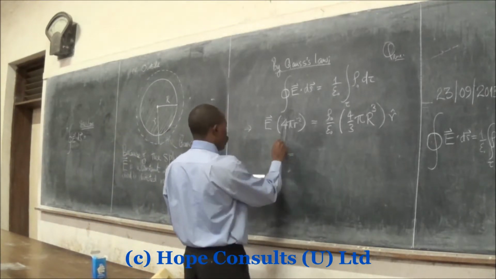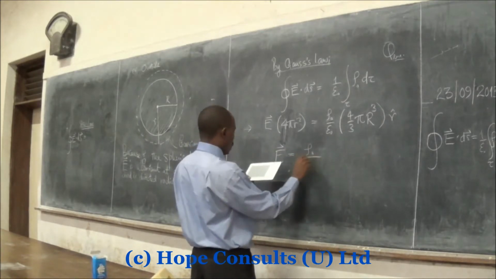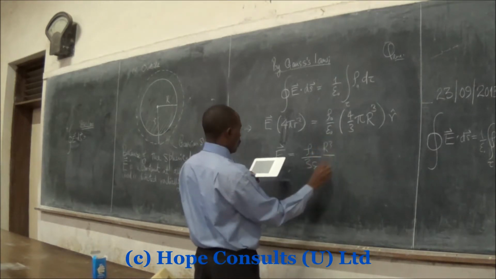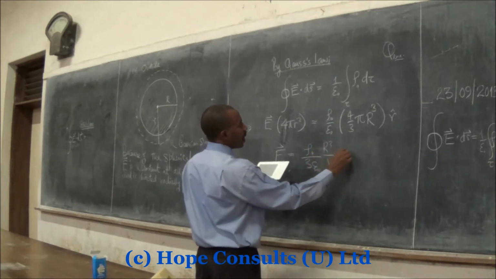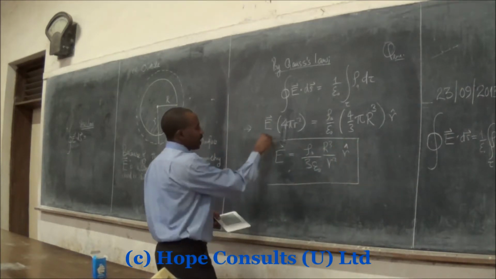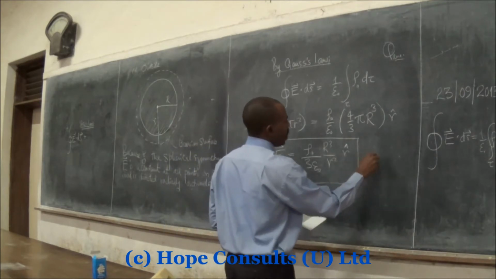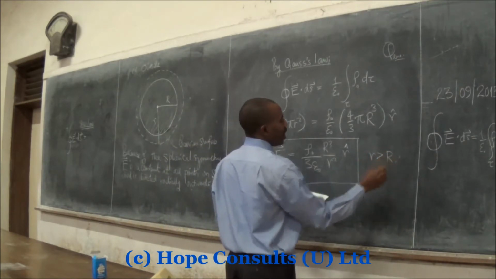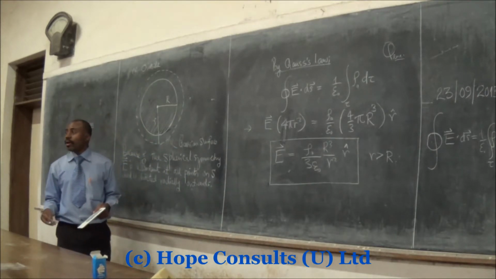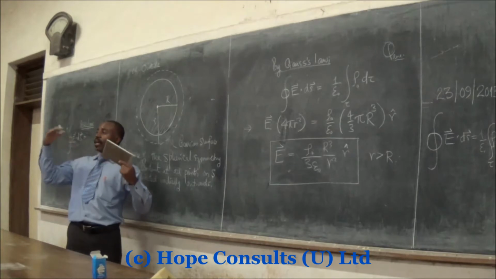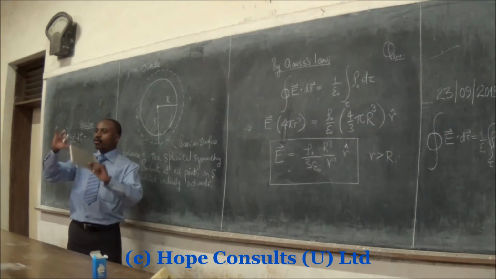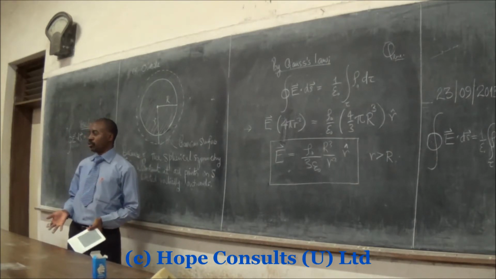So our E would be the same as rho naught over 3 epsilon naught, R cubed divided by r squared, R cap. And this is for when we take the Gaussian surface with its radius being greater than the radius of the tumor, or by describing our Gaussian surface outside the charge distribution.